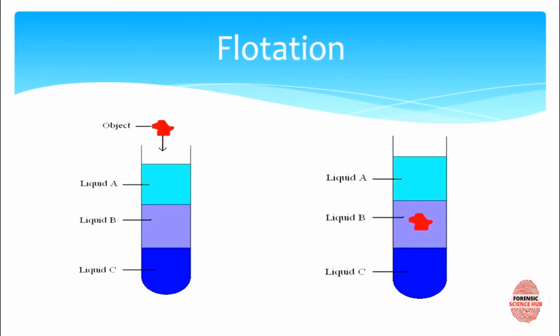So this is how we do it. We can take more than two liquids as well. We make the mixture and then we add the object, and the object will get suspended at some place. The density of the liquid when it gets suspended will be equal to the density of the object.